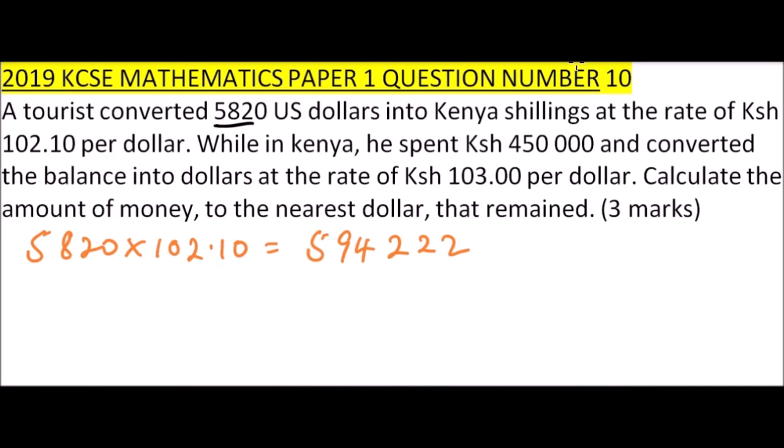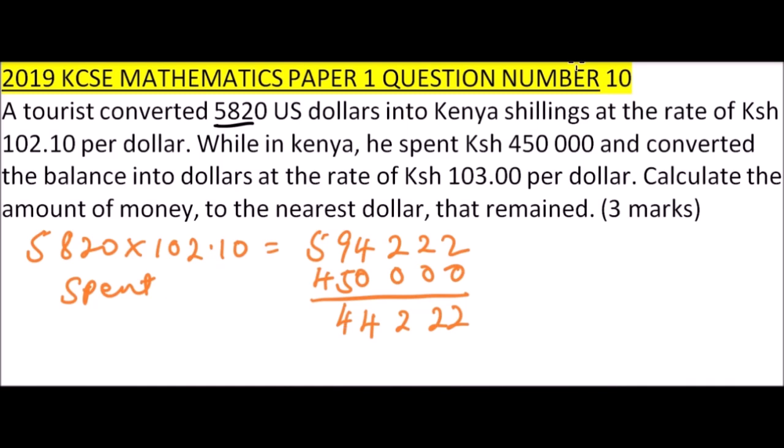While in Kenya, he spent 450,000. So this means that by the time he was to leave, he had a balance of, you subtract, 144,222 Kenyan shillings.